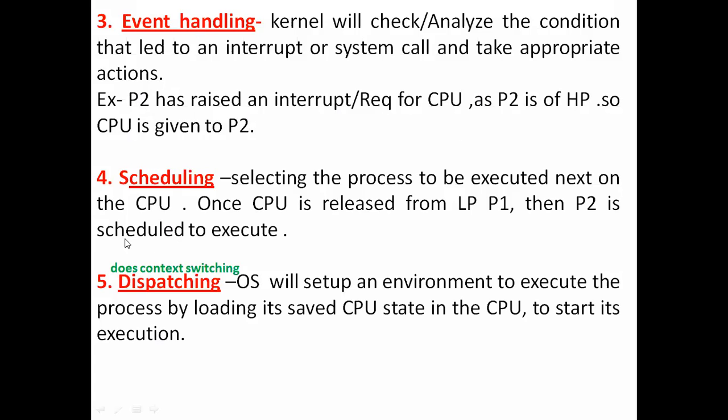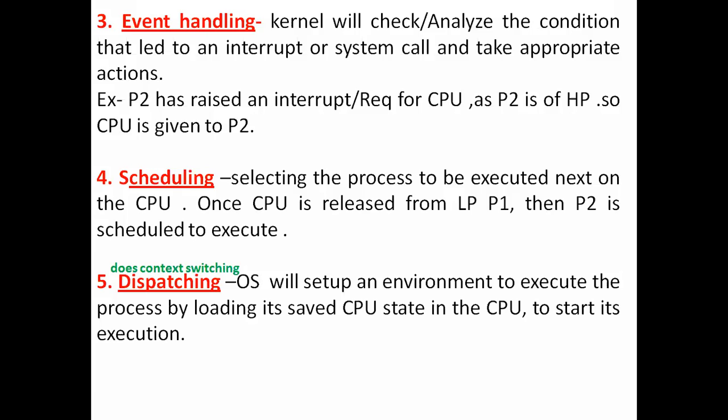Okay, and the next step is scheduling. Scheduling is nothing but selecting the process that has to be executed next on the CPU. Once the CPU is released from the low priority process P1, then P2 has to be executed. Means the second process P2 has to be scheduled, right? Or the CPU must be given to the second process P2.